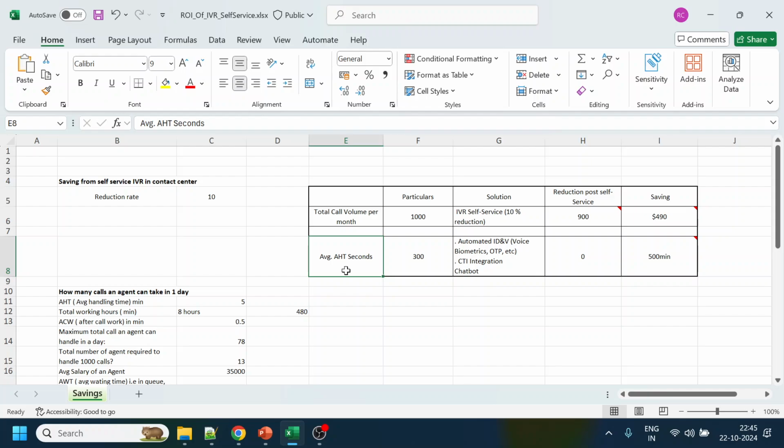Some calls can be 60 seconds, some calls can be 10 minutes, 600 seconds. Usually AHT stands around 8 to 15 minutes, but I have given 5 minutes, which is one of the best in the industry standard.